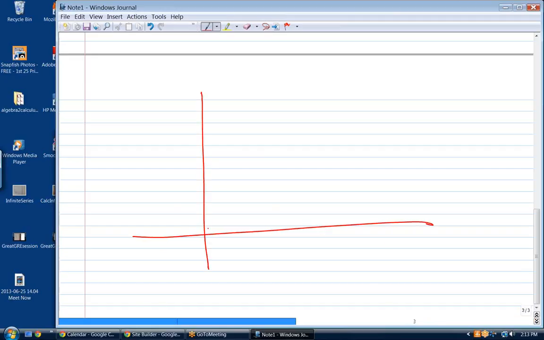So my guess is it's a piecemeal function, something like this. And this would be A. May not look like this, but it's a function where it's not easy to figure out what the limits are.